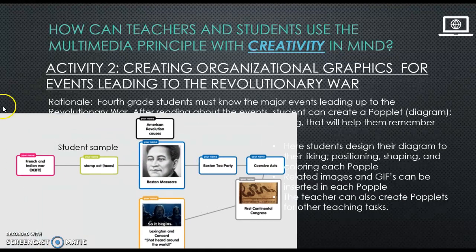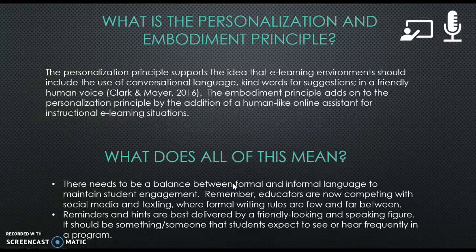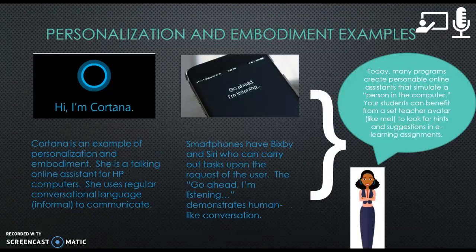And there it is. Personalization and embodiment principles. All right, the personalization and embodiment principles basically talk about how to make what you're presenting to your students personable. Examples of this would be an online assistant.